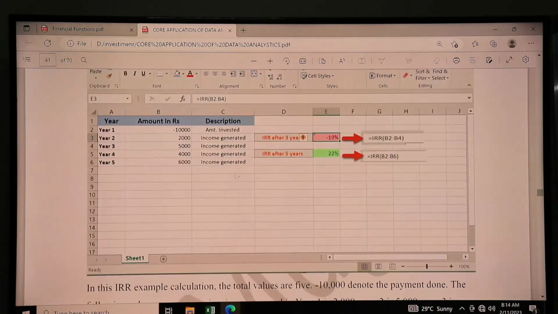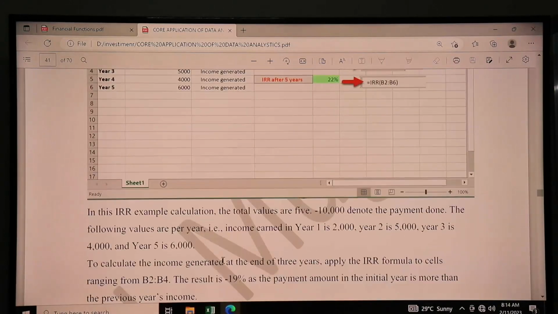In this example, we did this discussion. For the internal rate of return, the amount invested was this. Then the following values, per year, are the income earned: the first year, the second year, the third, the fifth year.